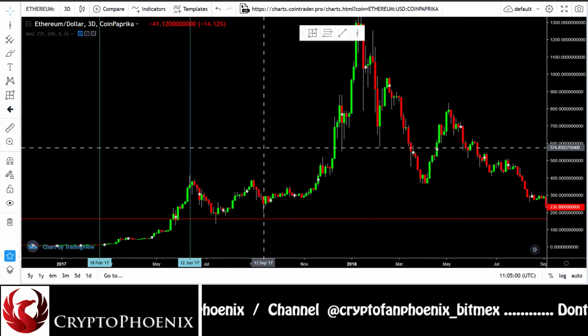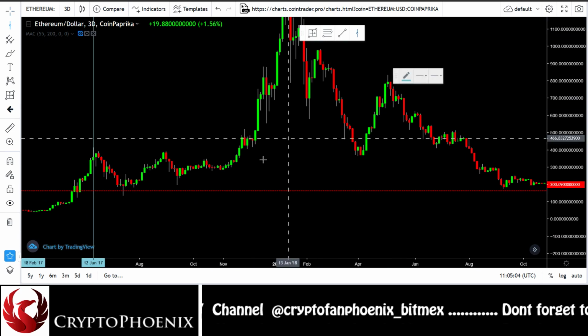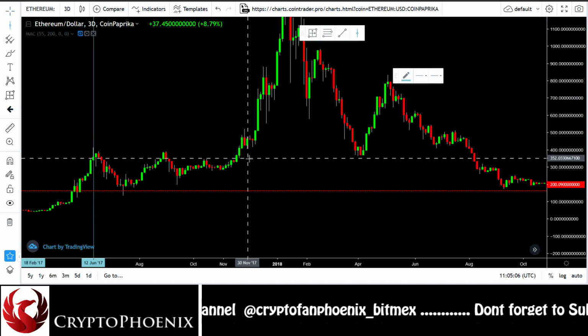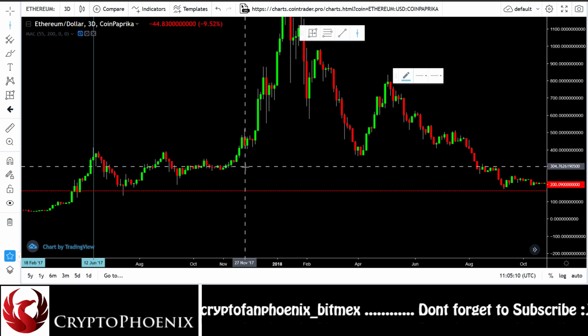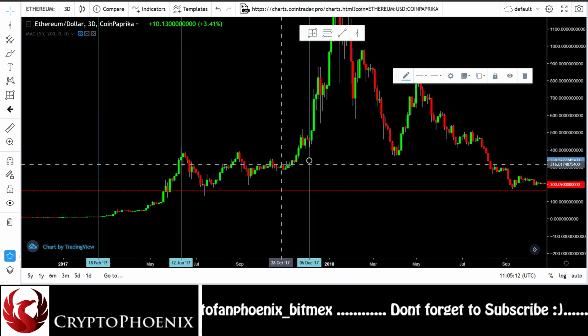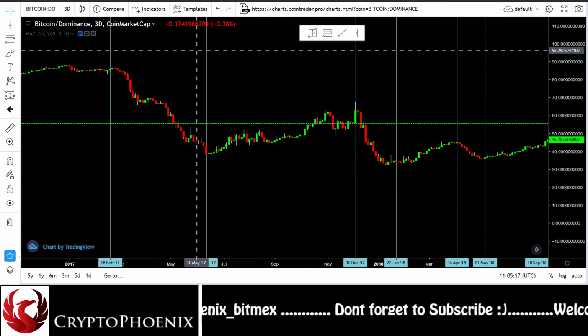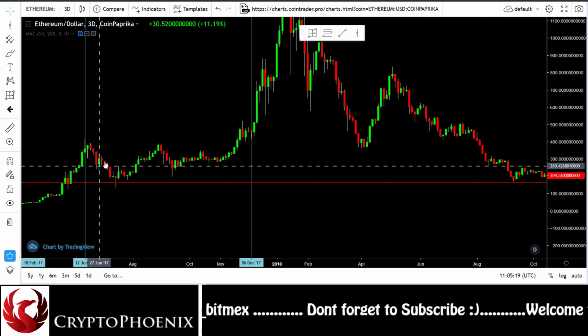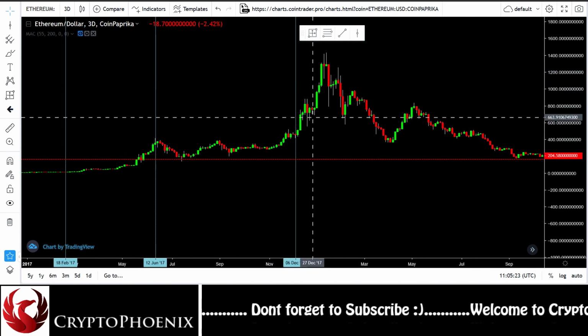Where is 6 December? Let me mark some. This point. So here we can see the Ethereum was moving pretty much sideways, but not a significant rally like this one.